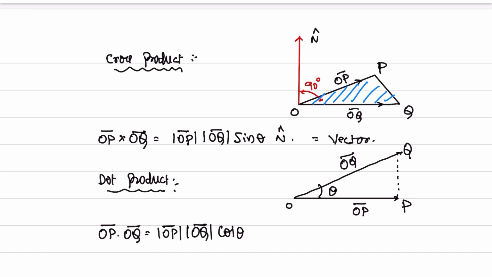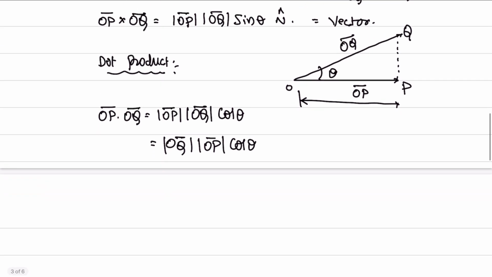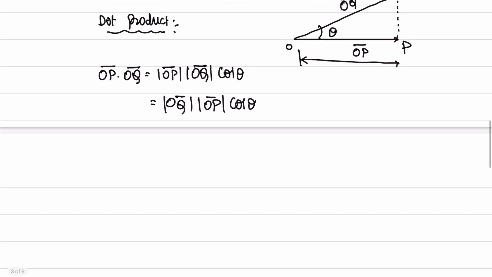This is OQ cos theta, which is nothing but this. OP cos theta is nothing but this one. OP cos theta into OQ is nothing but OQ into OP cos theta. Either way we can make it.